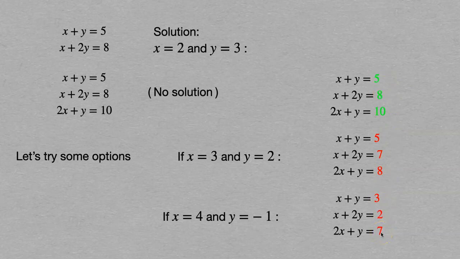So even though there's no solution to our system of equations, we can look at numbers for x and y and decide that x equals 3 and y equals 2 is a better option than x equals 4, y equals negative 1. After all, in the real world, rarely are things perfect, rarely are solutions exact, and so maybe we want to start looking at imperfect solutions that are as good as we can get.